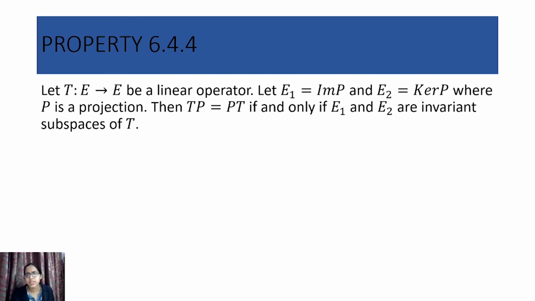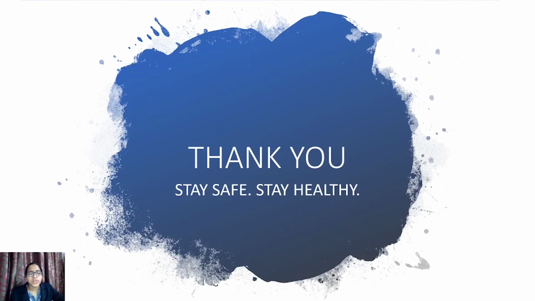And finally the last property, that is when we are considering any linear operator and the projection operator, we can say that they are commutative if the corresponding image of the projection and the kernel are invariant subspaces of the linear operator. So that's it for today's lecture.